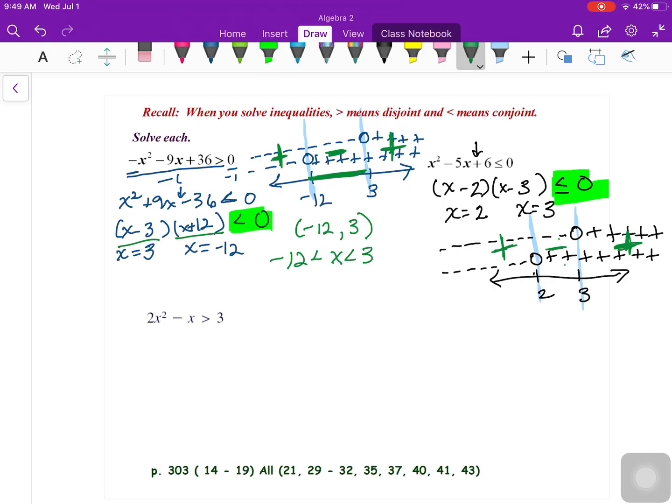And this time, I am looking for the factors less than or equal to 0. Less than, again, fall in between. So my x's are in between 2 and 3. Less than or equal, less than or equal.